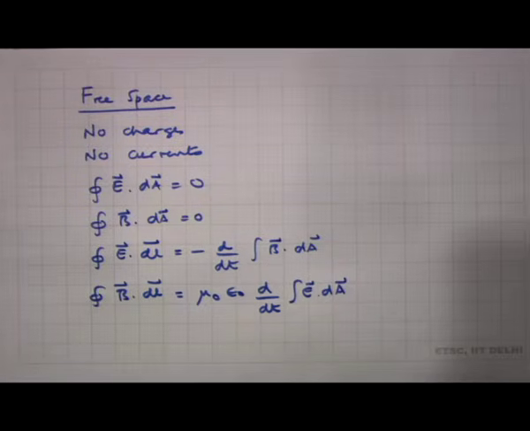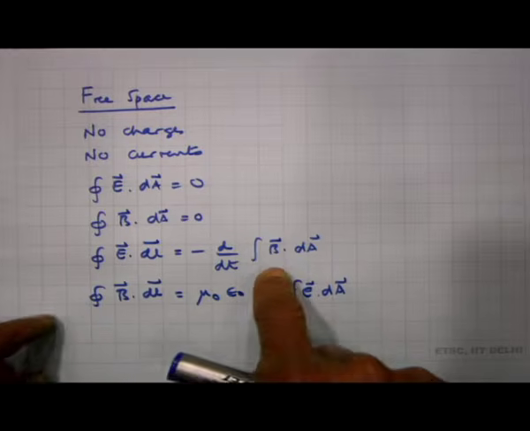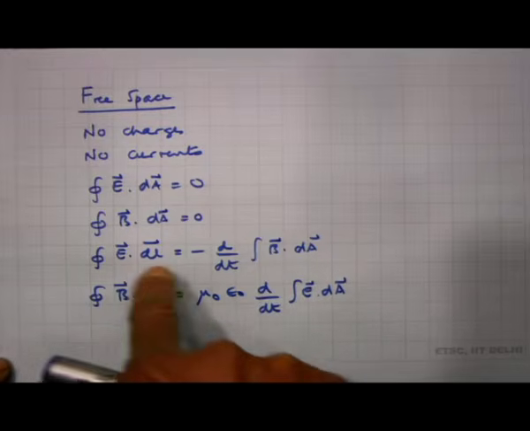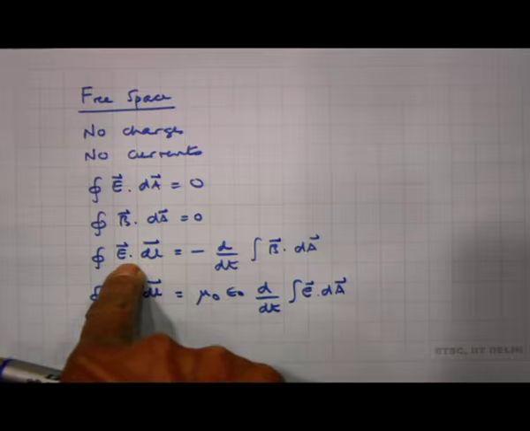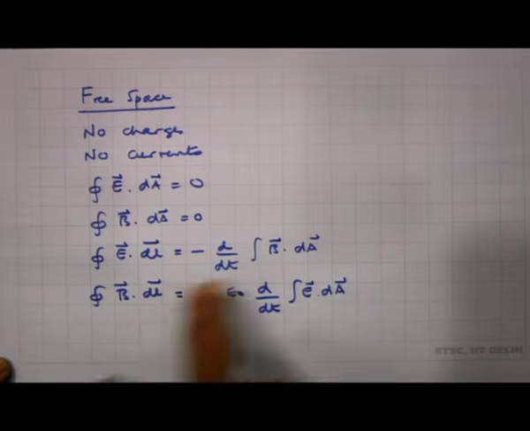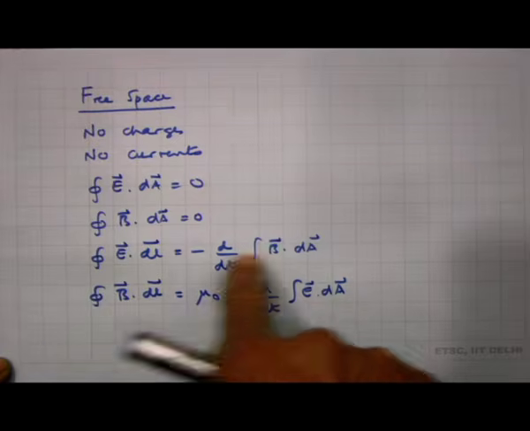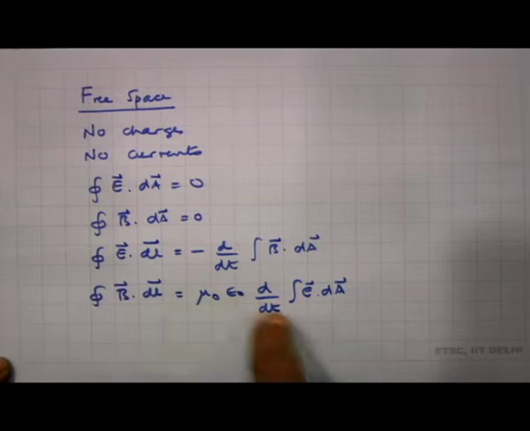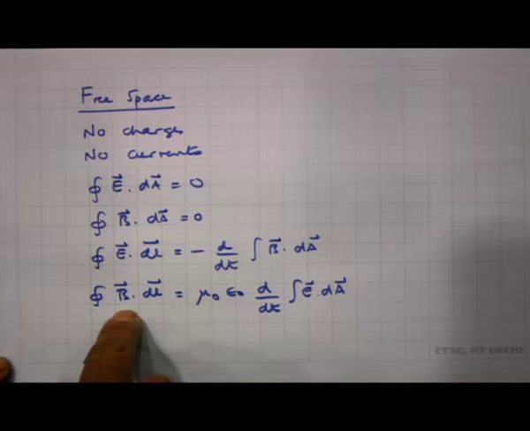Now, let me recall again that these two equations tell me that a changing magnetic field will generate an electric field, and a changing electric field will give me a magnetic field. A time varying magnetic field will lead to an electric field, and a time varying electric field will lead to a magnetic field.